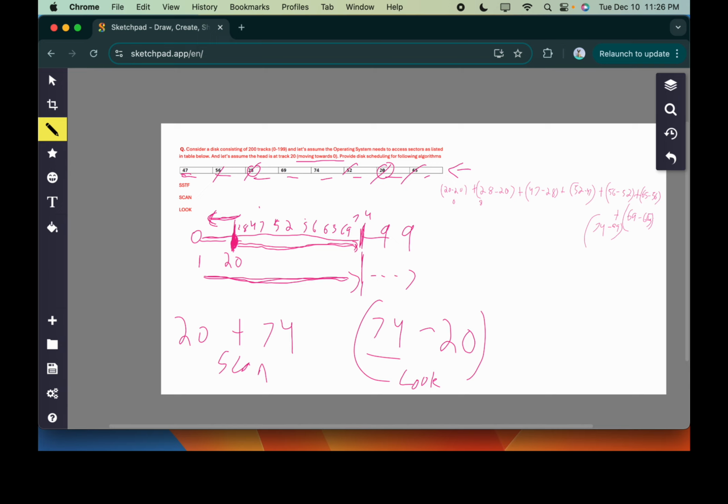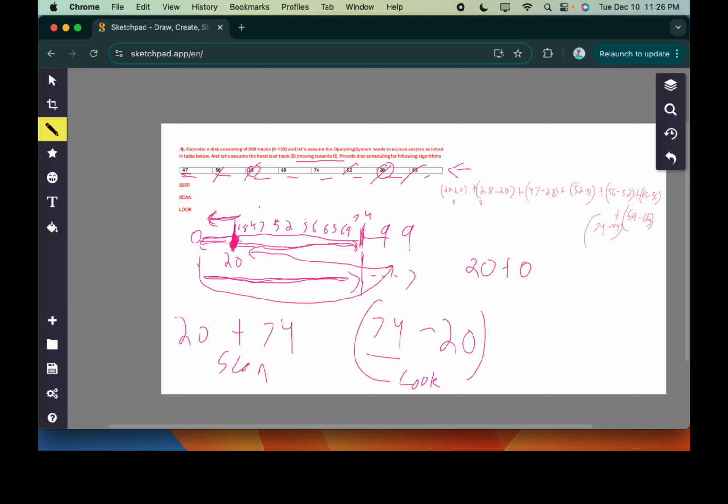So lastly, there's C-LOOK and C-SCAN. C-SCAN, we are going to start from 20. Now we're going to go back to 0, and then we're going to jump to 199 and go back to 28. So 20 to 0 is 20, plus 0 for the jump.